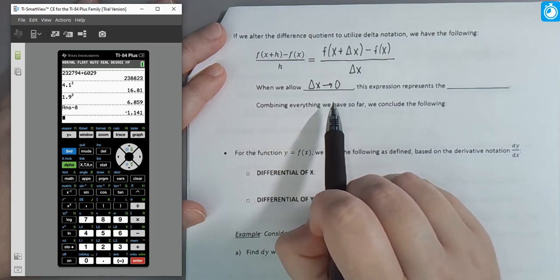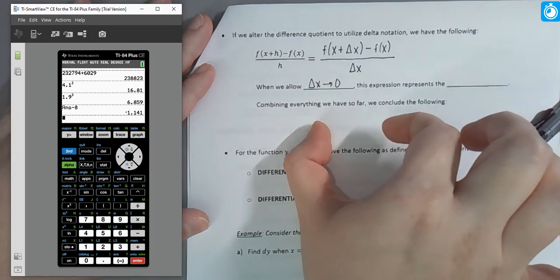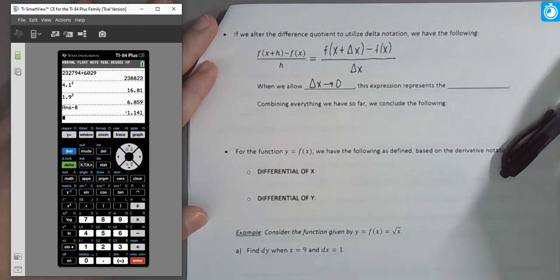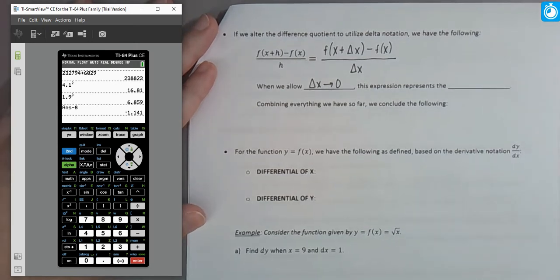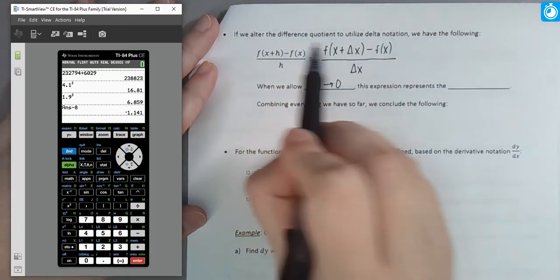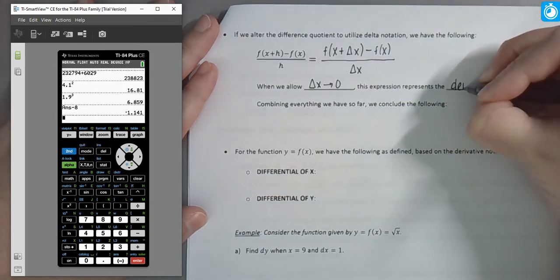If we allow that to go to 0, in other words, we take our two x values and we shrink the distance between them. We allow that distance to approach 0 so that those x values are infinitely close to one another until they essentially overlap. They lay on top of one another. If we were to execute that kind of procedure, then this expression, this version of the difference quotient, now represents the derivative.